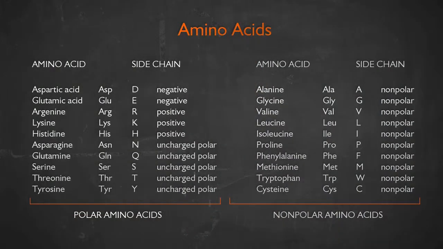This is a list of the 20 different amino acids that there are. They have names that range from aspartic acid to lysine to glutamine and so on. And each of these different amino acids has different chemical properties, but it also has different physical properties. And there are two types of physical properties that we want to focus on right now.